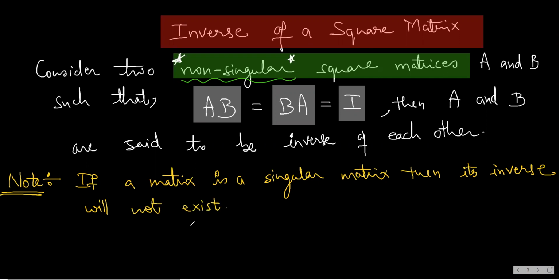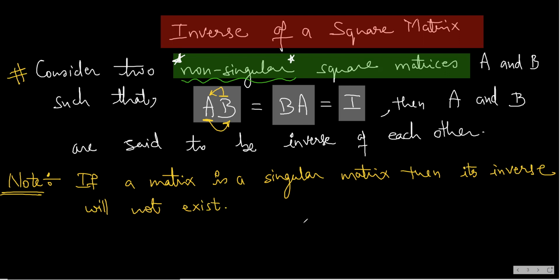Look at this discussion: if I ask you what is the inverse of A, you will say B. If I ask you what is the inverse of B, you will say A. They are inverse of each other. Why? Because A into B, B into A equals I. And remember, students, this is happening only because both are non-singular matrices.